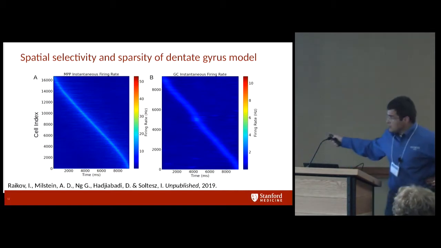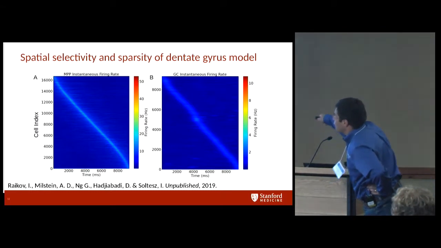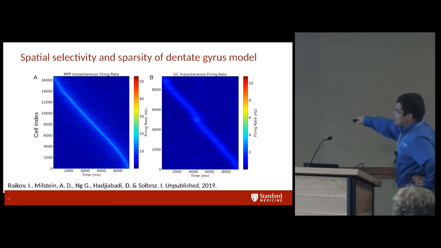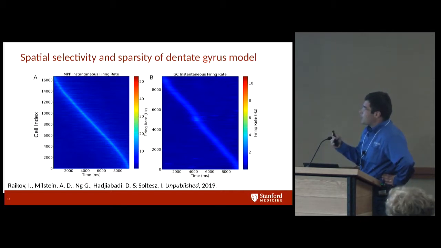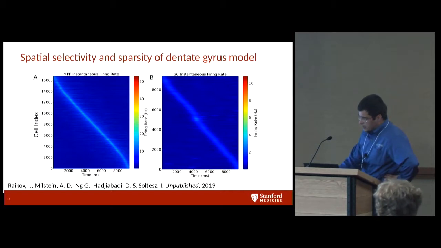On the right is very faint, unfortunately, but it's a very sparse but accurate encoding of this same spatial information. So this shows that our model is capable of decoding information in a very highly sparse manner, which is thought to be a critical property of the hippocampus.